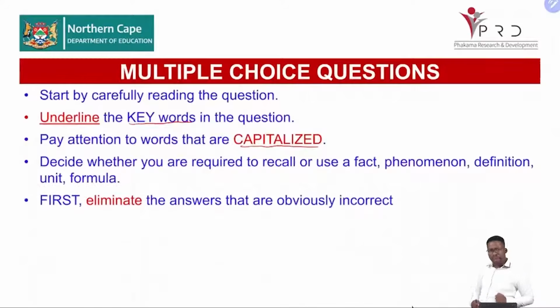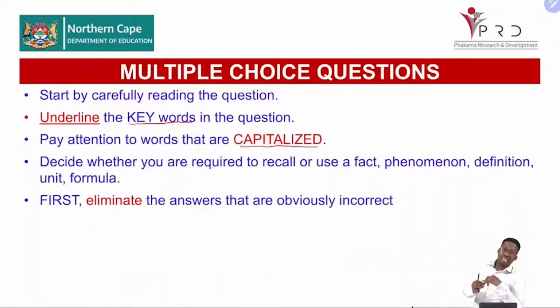And then from there, once you have read and understood the statement, you look at your 4 possible answers, A, B, C, D. What do we do then? The first thing that you do: a multiple choice is structured in such a manner that out of the 4 options that you are given, 2 are obviously wrong.